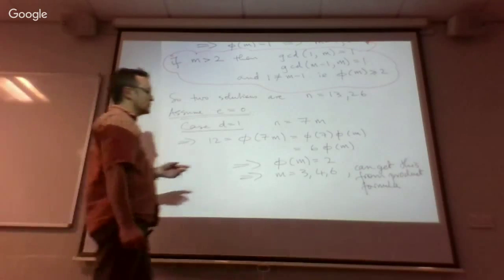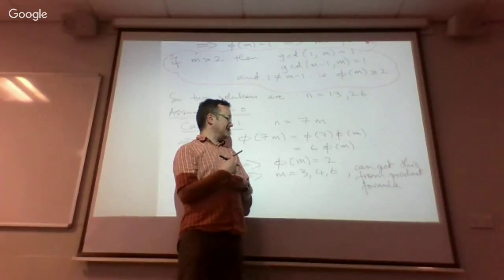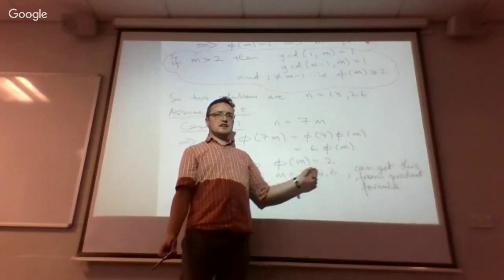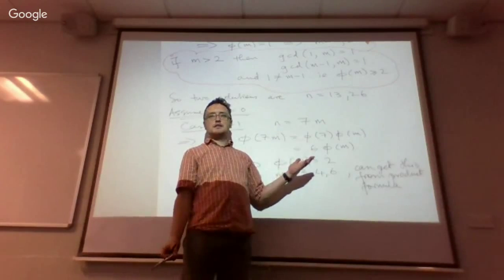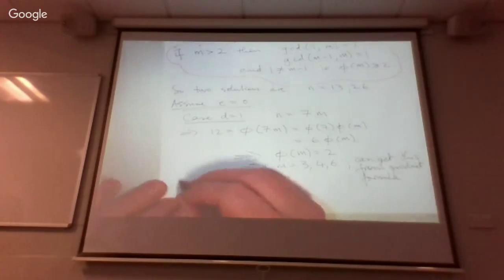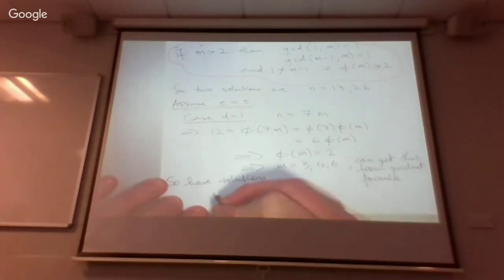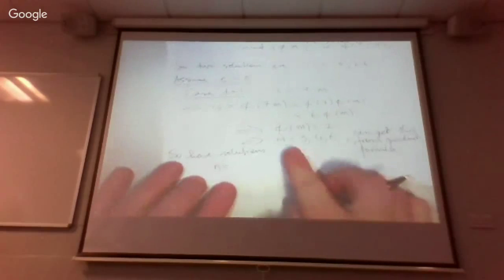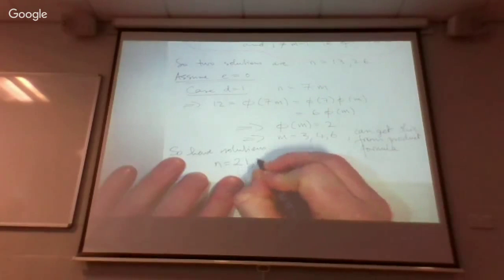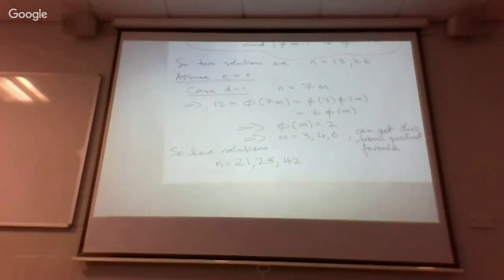Indeed, any number bigger than this either has a prime factor bigger than 3, or it's got a factor of 2 or 3 bigger than 1, and that will leave behind a phi value of something bigger than 2. So this gives solutions to the original problem. So n is 7 times each of these, so 21, 28, and 7 times 6 is 42. Okay, so we got 3 more solutions.